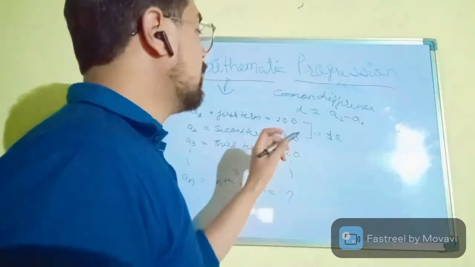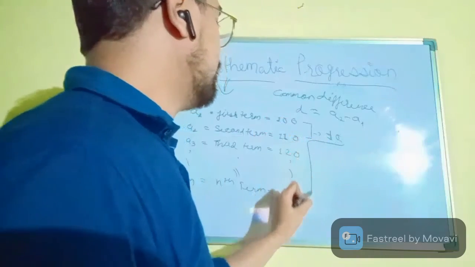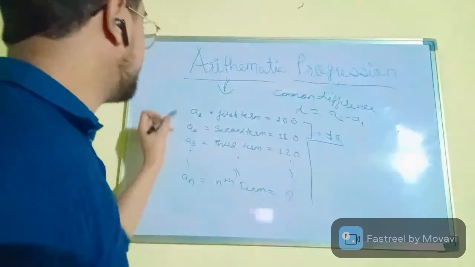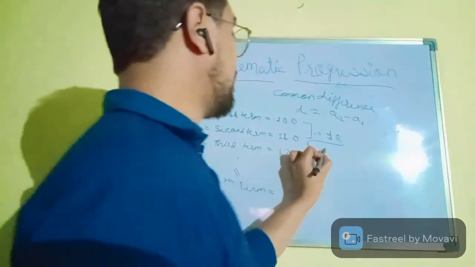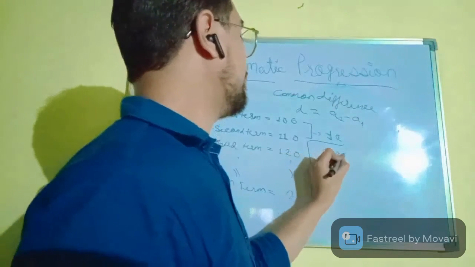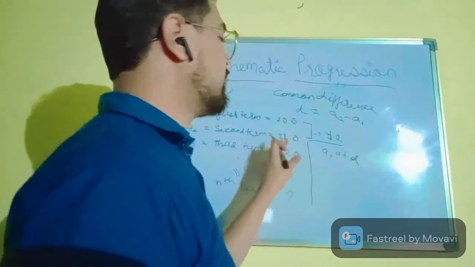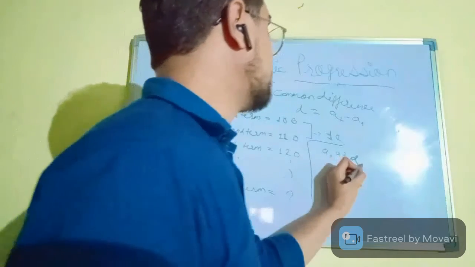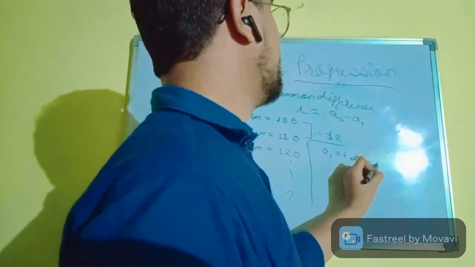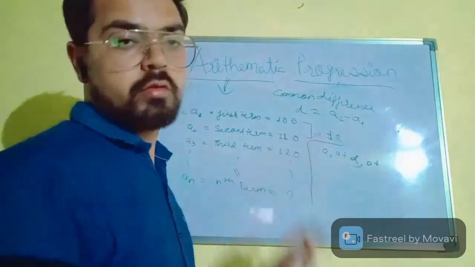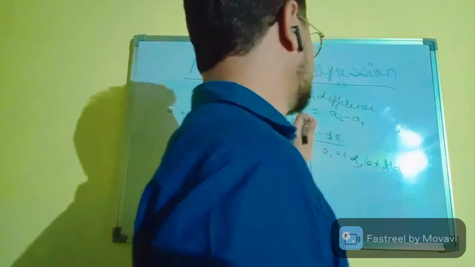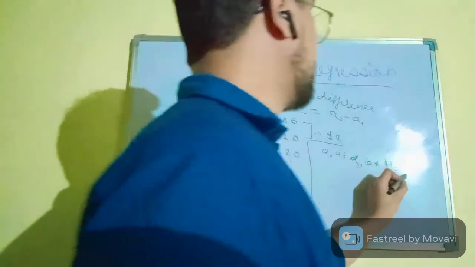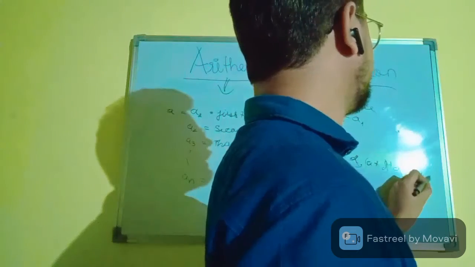If we write in a symbolic form, what will it be? If we consider A as the first term, then it can be written as A, A plus D, because we increased by 10, which is the difference. Then the third will be A plus 2D, like D plus D. A new D will be added each time.